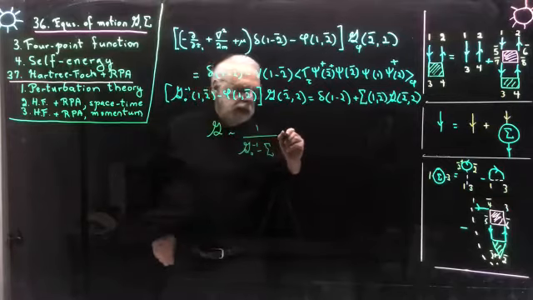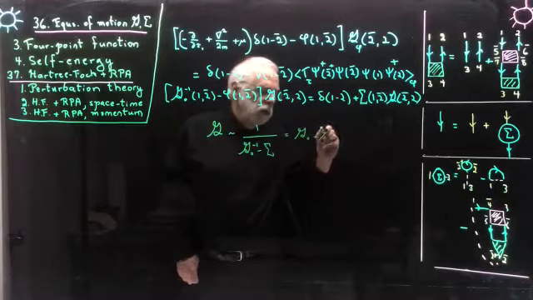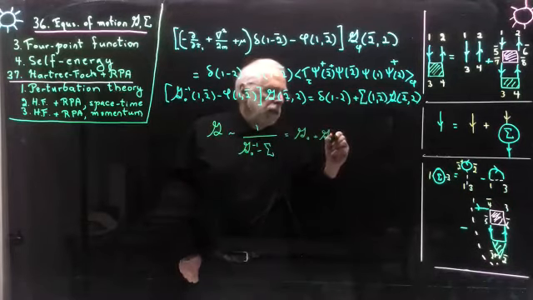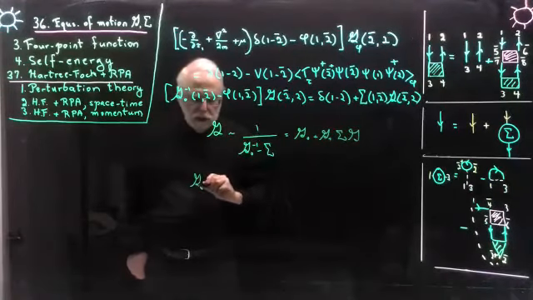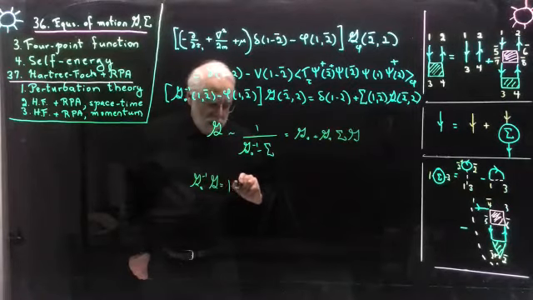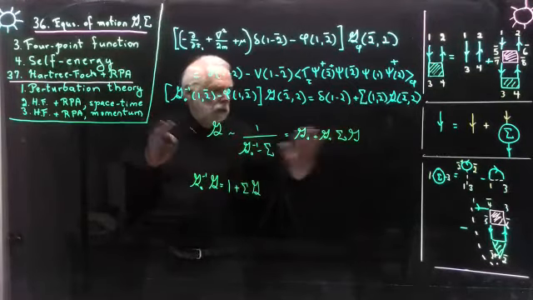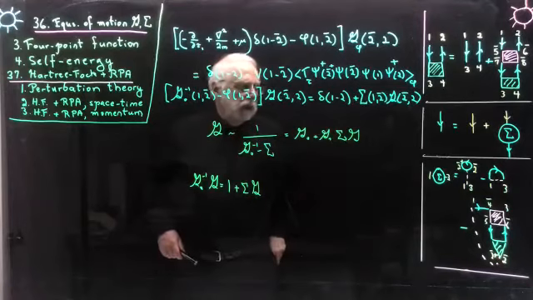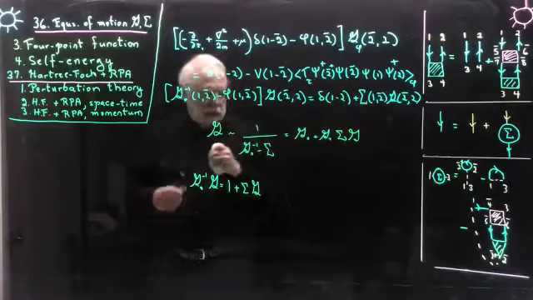Which is the same as saying that G is equal to G0 plus G0 sigma G. And this is also the same as saying that G0 minus 1 times G is equal to 1 plus sigma G. So all of this, you have to think of this in terms of matrix multiplication. So sigma G is equal to this.